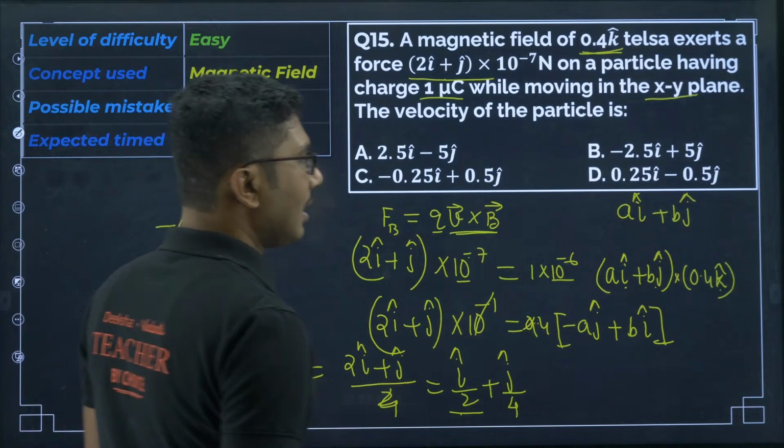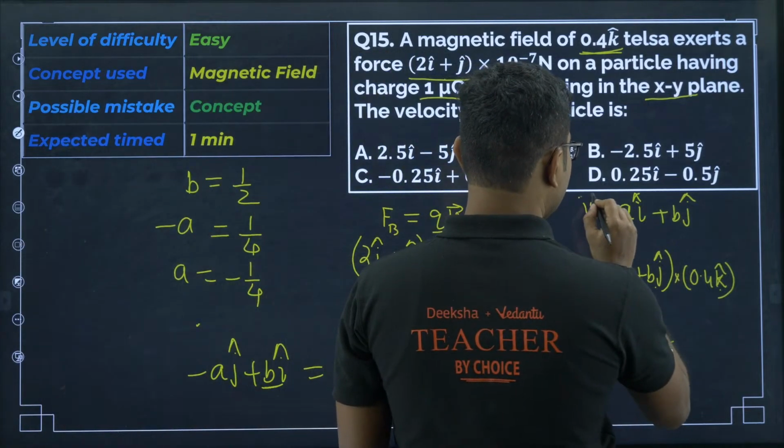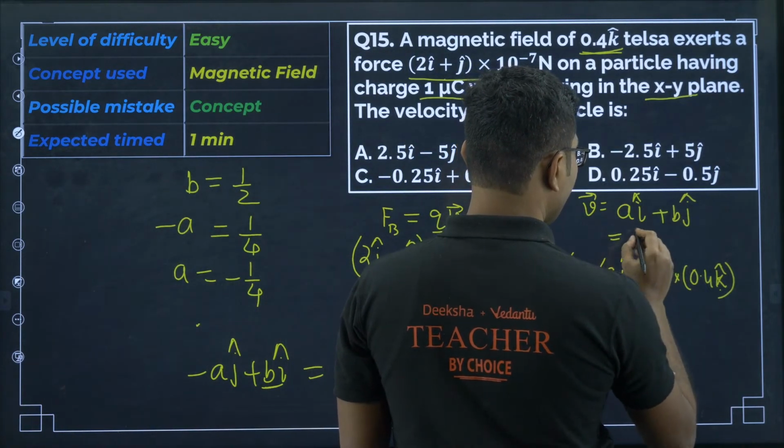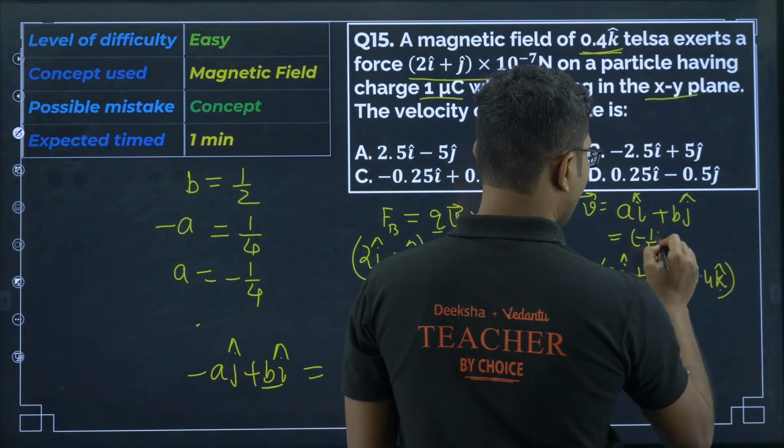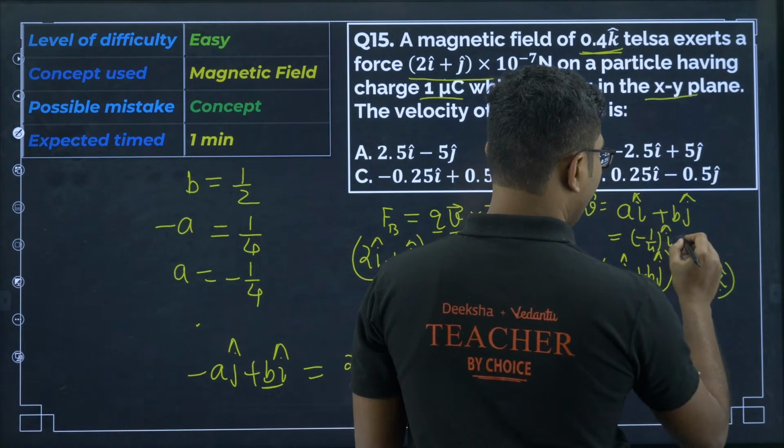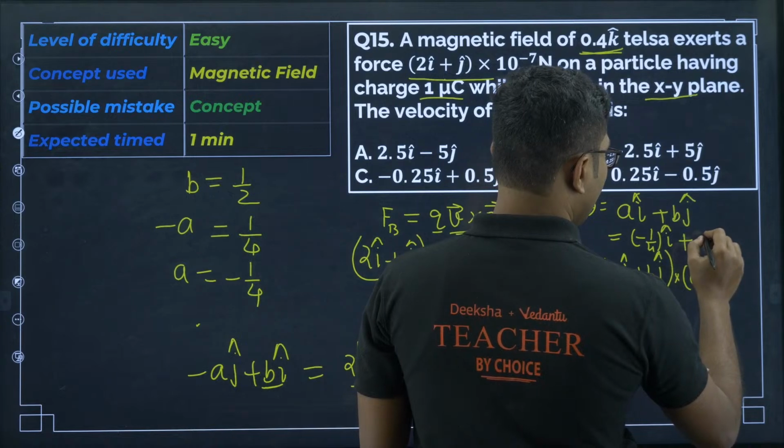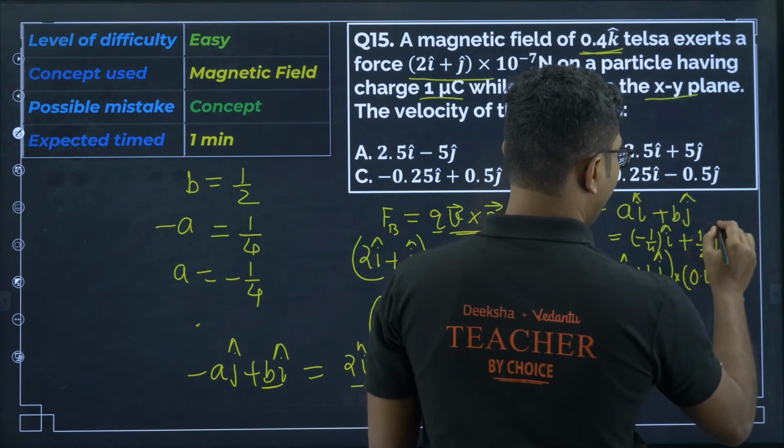So what is the vector? That was our initial assumption. V is equal to minus 1 by 4 i cap plus half j cap.